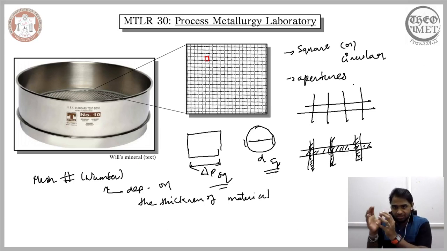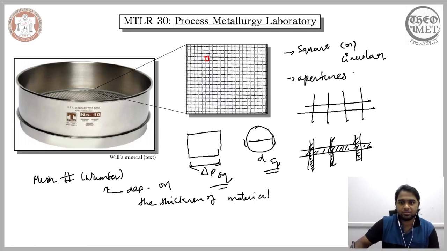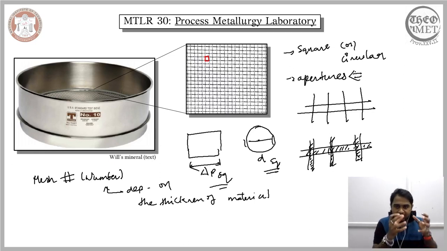Since the critical factor that dictates the characteristic features of a given sieve is aperture, nowadays sieves are designated based on the aperture size.